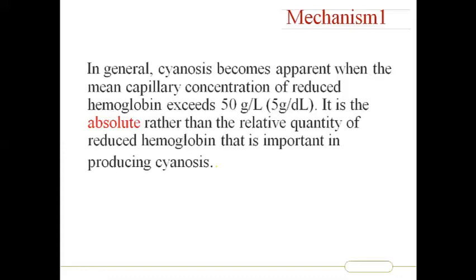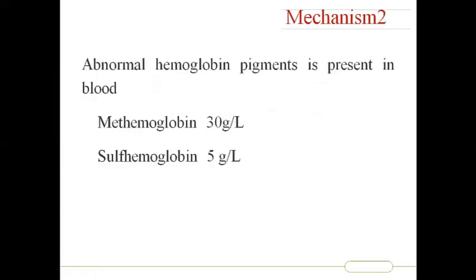So mechanism number one, in general cyanosis becomes apparent, apparent means obvious, when the mean capillary concentration of reduced hemoglobin exceeds 50 gram per liter or 5 gram per deciliter. It is the absolute rather than the relative quantity of reduced hemoglobin that is important in producing cyanosis.